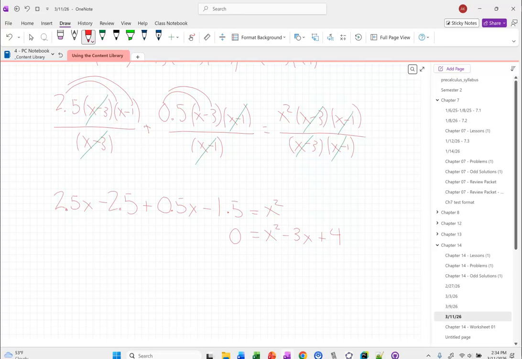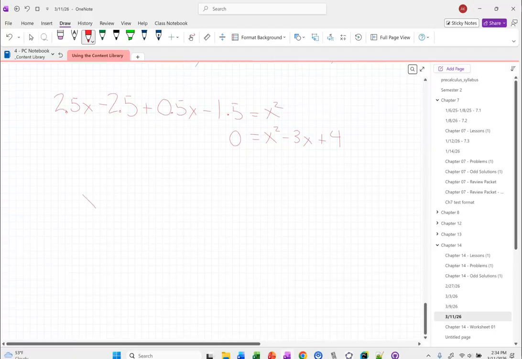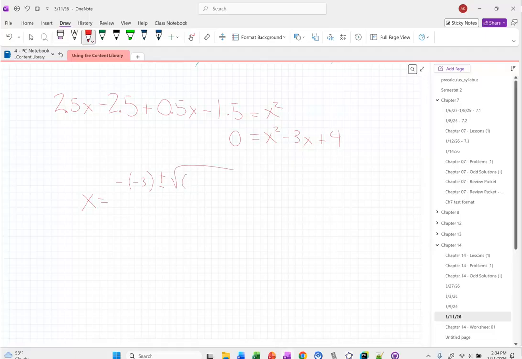Oh no. So we use the quadratic formula. Nine minus 16 is negative 7.